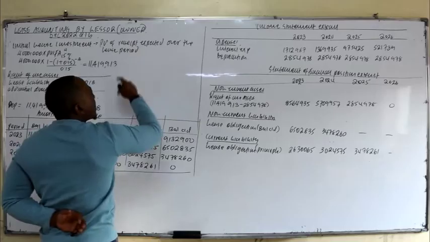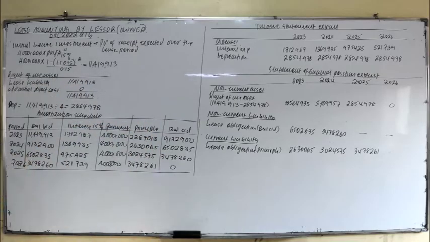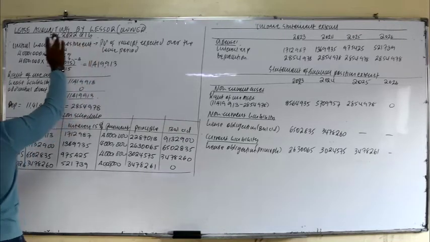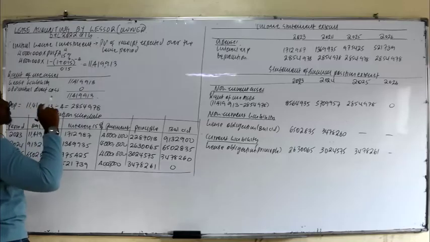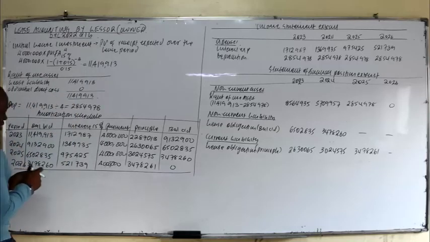In this case, you are not paying, you are the one receiving, but you are receiving the same amount. So you take the initial lease investment as the present value of receipts expected over the lease period.